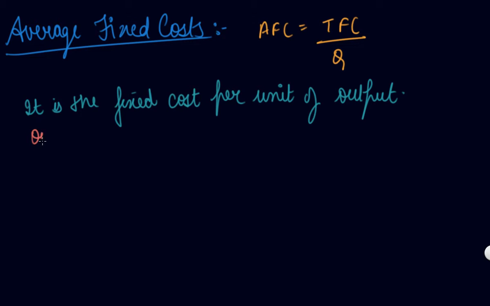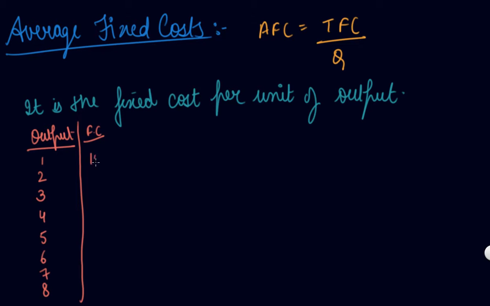This is your output. Let's say here 1, 2, 3, 4, 5, 6, 7 and 8. This is your fixed cost.